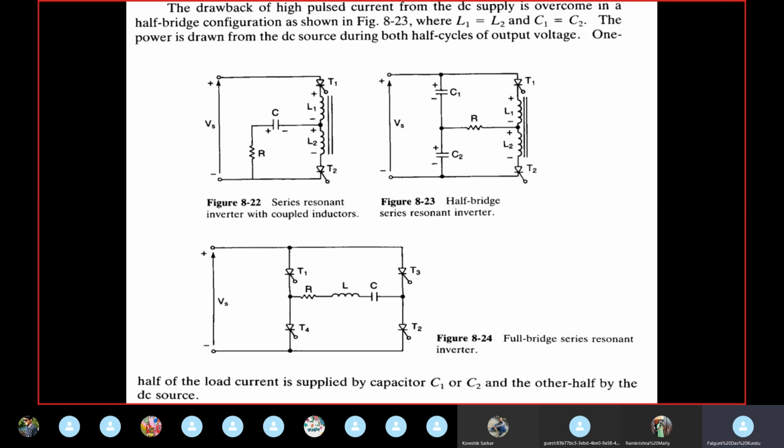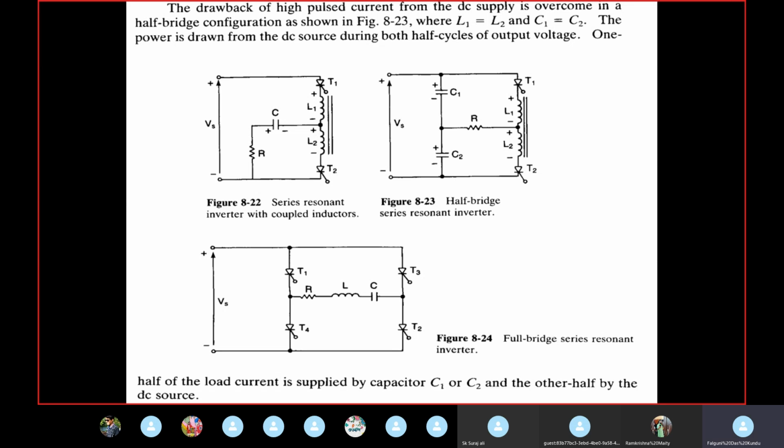Okay, so we have the modification of this circuit where L1 is equal to L2 and C1 is equal to C2. This is the basic circuit, and this is the circuit where the capacitor is also divided into two parts, which are equal.